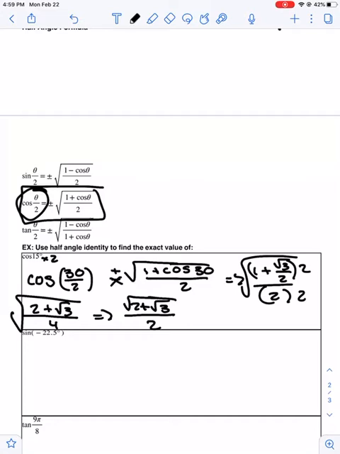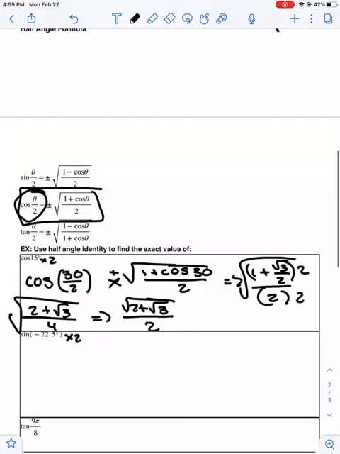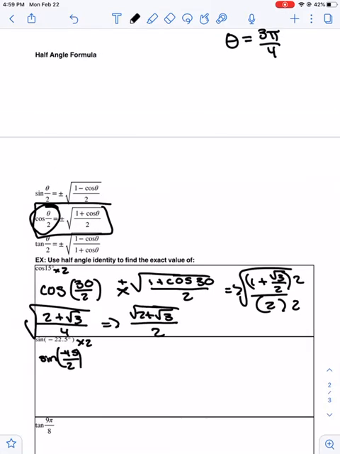Okay, now let's do B. We have sine of 22.5. So take 22.5, times it by 2, and we get 45. So the sine of 45 over 2. And we're going to plug it into our formula.